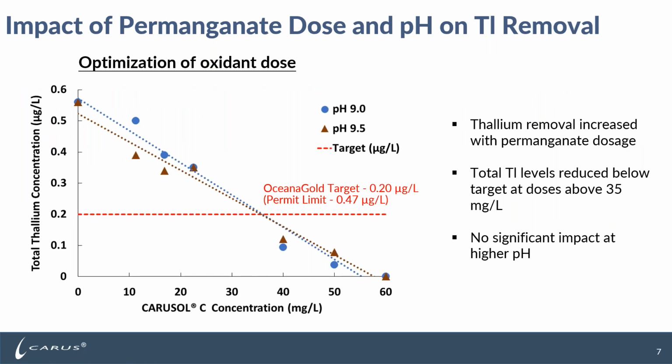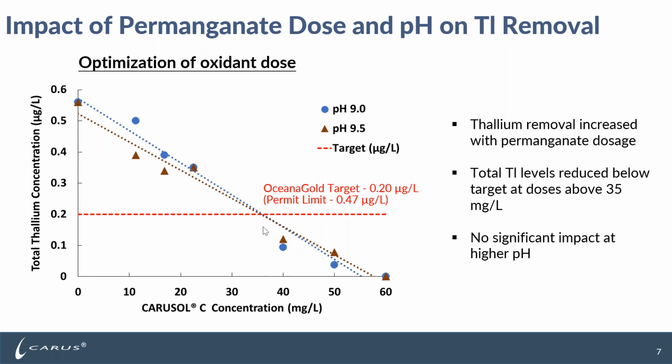So let's look at some of the key data from this study. The first data set here shows the Carisol C dose for total thallium removal. The plant operates at a pH of around 9. So if we focus just on the blue data points here, we can see a clear linear response for thallium removal. And the optimized dose was around 35 ppm.